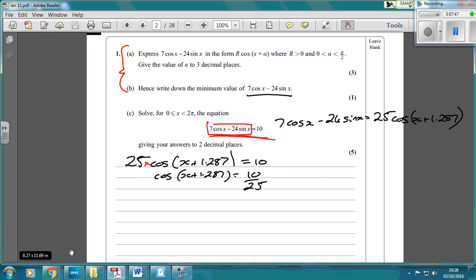Now, we're solving this for x between 0 and 2 pi. So what we're going to do is we're going to say cos of a equals 10 over 25, and then change these limits. So now a is going to be between 1.287 and whatever 2 pi plus 1.287 turns out to be. So then we're going to draw the cos graph.